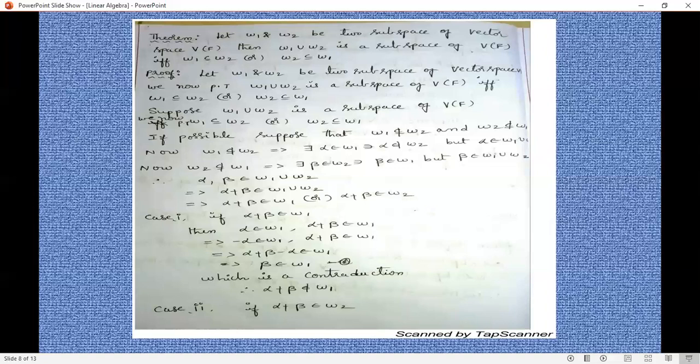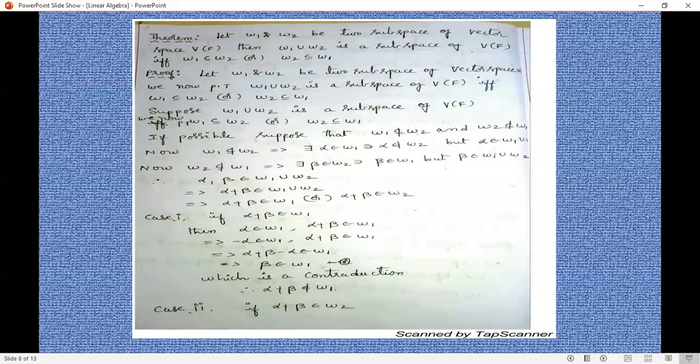Applying the closure property, alpha plus beta minus alpha belongs to W1 implies beta belongs to W1. But we have taken that beta does not belong to W1, which is a contradiction. Therefore, our assumption is wrong. Therefore, alpha plus beta does not belong to W1.